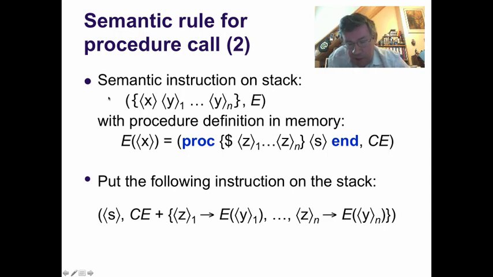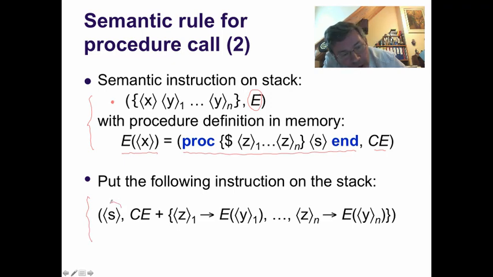So we remember, again, we have this semantic instruction on the stack with the environment E. In this environment, we have the procedure definition. So E of x is the procedure definition in memory with its contextual environment and the definition of the procedure. When we know this, we will put the following on the stack.